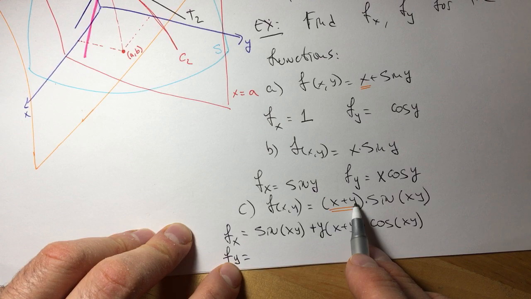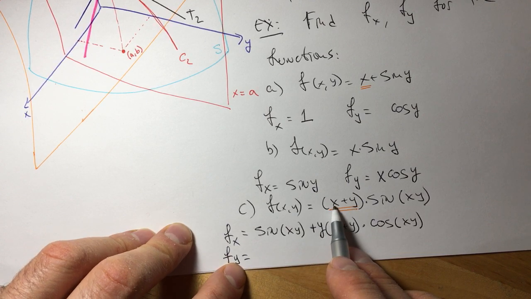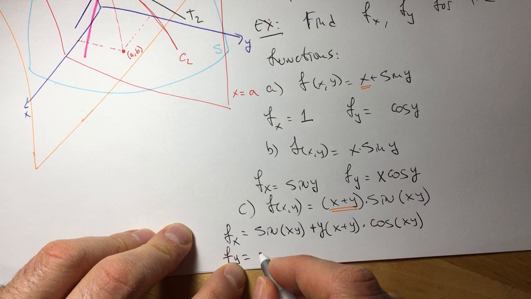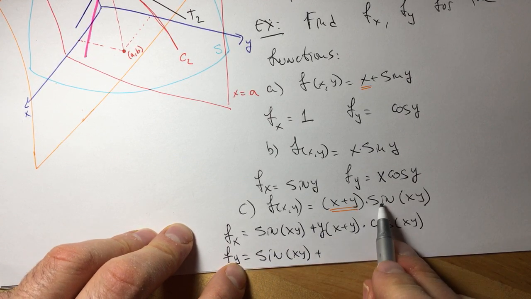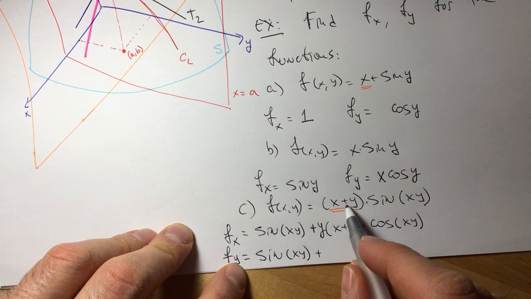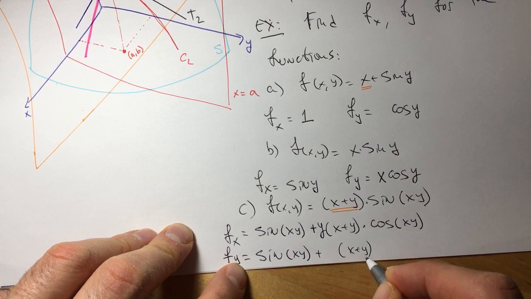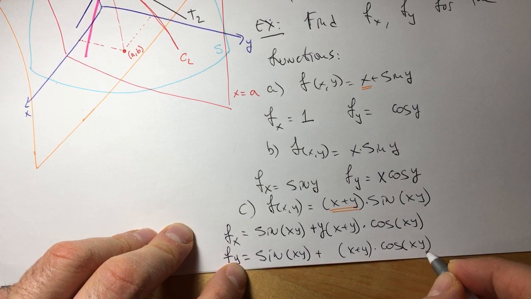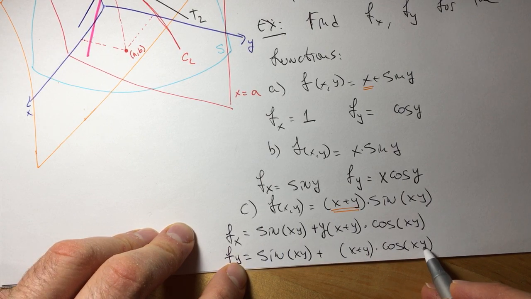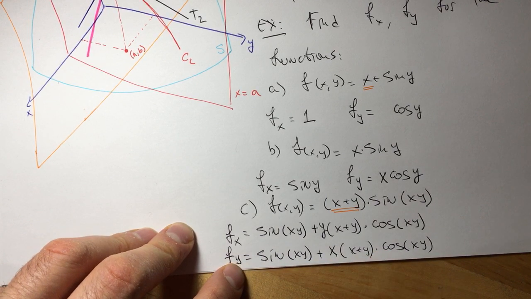The derivative of y is 1, the derivative of x with respect to y is 0, so 0 plus 1 is 1, times sine of xy, I get sine of xy, plus, by the product rule, this term here, x plus y, times the derivative of sine of xy, which is cosine of xy, times the derivative of xy with respect to y. The derivative of a constant times y with respect to y is just the constant, because the derivative of y is 1. So, times x.